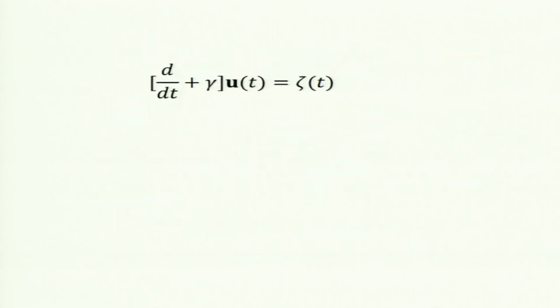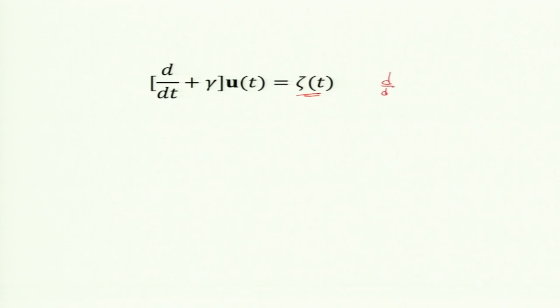We start with the same Langevin equation. Now, zeta is of course random noise, but let us compute the Green's function first. To compute the Green's function, what do we do? I put a source, the right hand side delta t minus t prime.